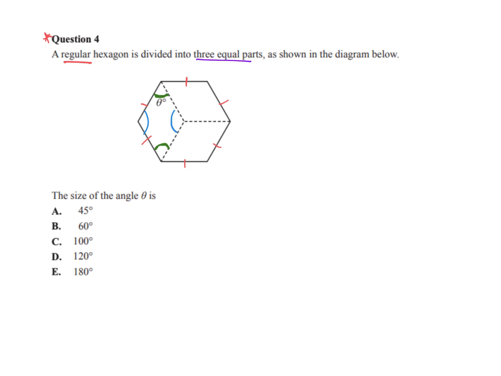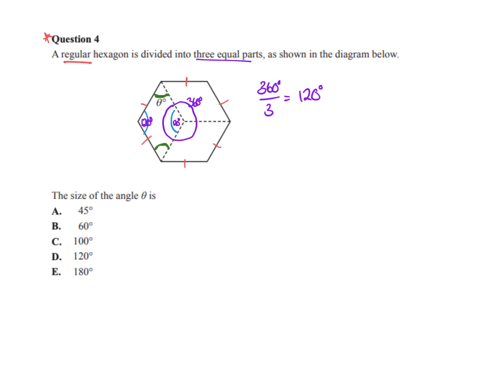And then these two would be the same. So if you can see, I've got a full circle in here. So if I do 360, because there's 3 of the same angles there, divide by 3, I get 120. So I know that this one in here is 120. So then that makes this one 120. So that's 240.